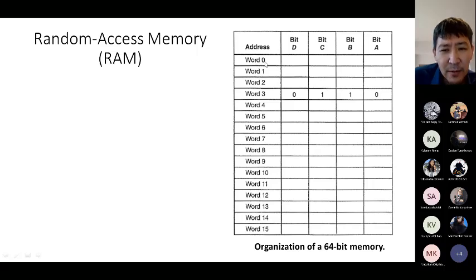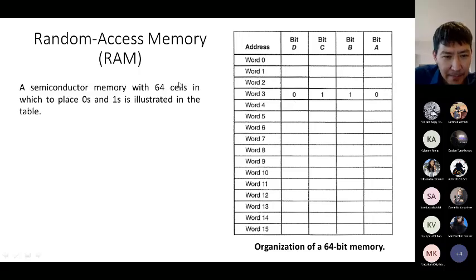The address of the first word is 0, where you can write zeros or ones. This is the second word. Its address is 1, 2, and up to 15. But of course, this is in decimal. When you write, you need to write in binary. So the address of this first word will be 0000, of this one 0001.